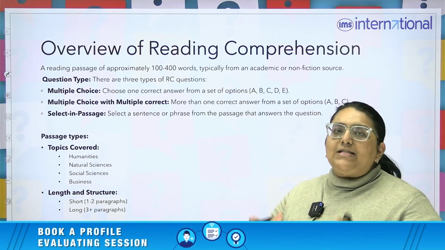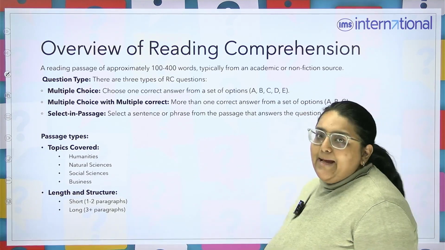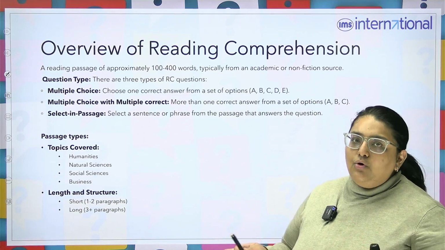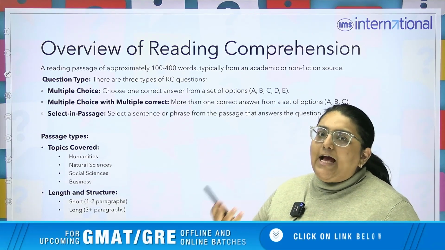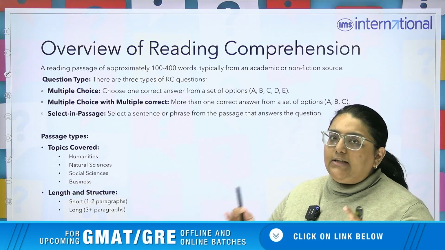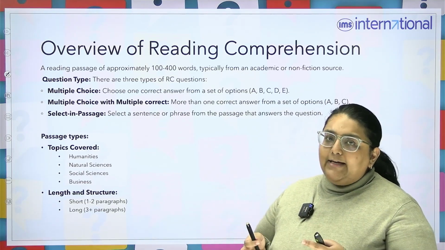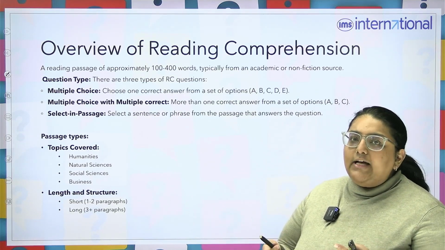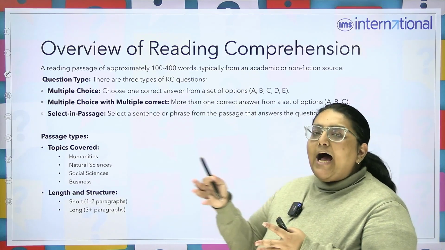So before we start with the strategies, let's have an overview of the reading comprehension type of question on the GRE Verbal section. You know that you are going to have two sections of verbal on the GRE exam, because the GRE exam is a sectionally adaptive exam. You would find the second section to be a little bit tougher, and obviously if you have done your first section well, the second section will be harder.